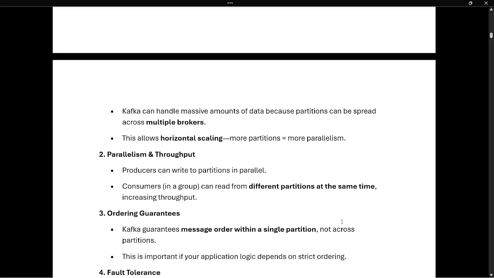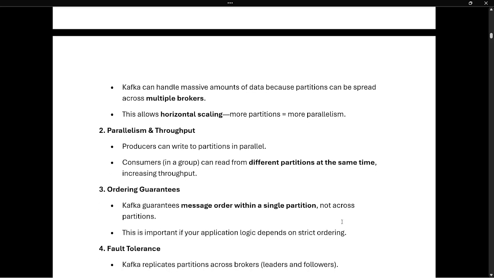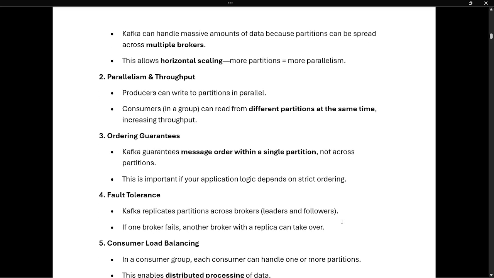Then ordering guarantee. Kafka guarantees message order within a single partition, not across partitions, but within a single partition there is an ordering guarantee. This is important if your application logic depends on strict ordering. Then fault tolerance.